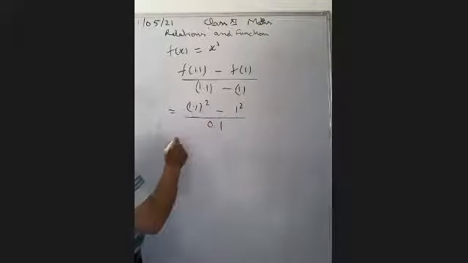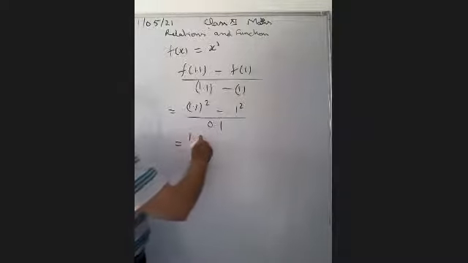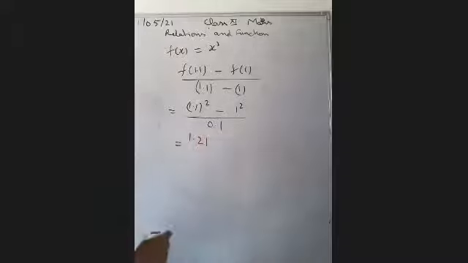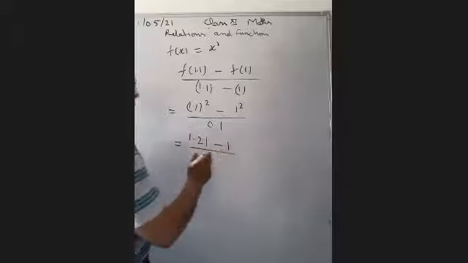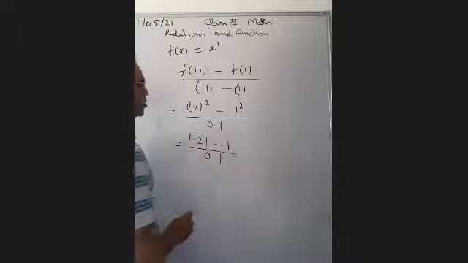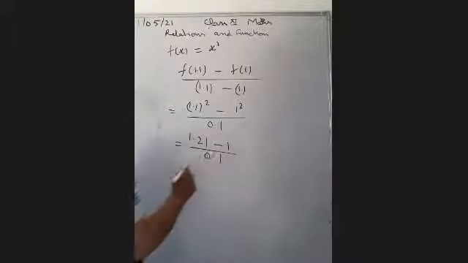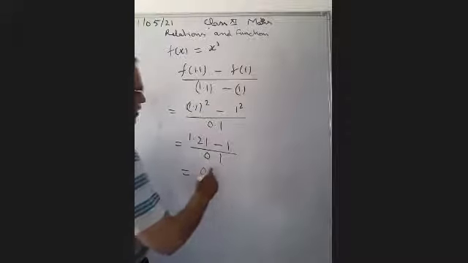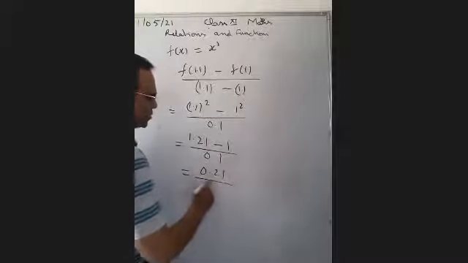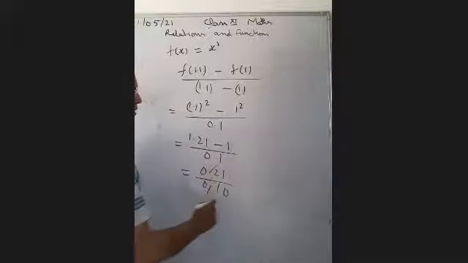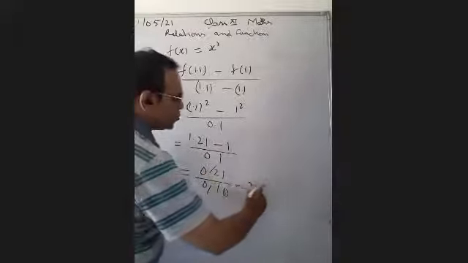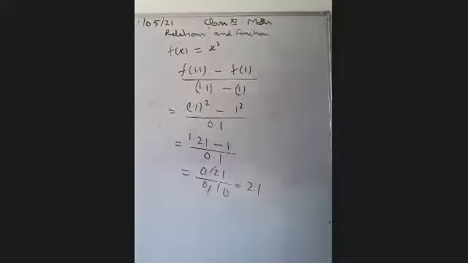Now you can do the square, then it becomes 1.21 minus 1 divided by 0.1. If we subtract, we get 0.21 divided by 0.1. Okay, we can eliminate this decimal. We get the answer 2.1. So 2.1 is the answer of this expression that they have given you.